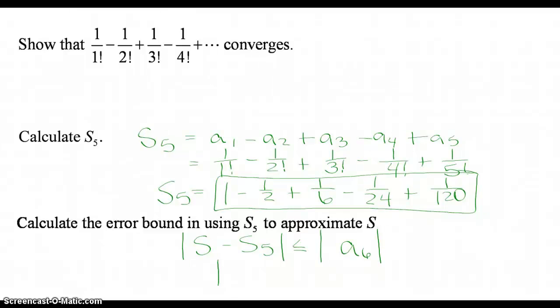So the error bound, and again, we don't care if it is an over approximation or an under approximation. It's actually a negative term, and it's 1 over 6 factorial. We usually don't bother to write that negative in there because we are just concerned with its absolute value, the magnitude of the difference between the fifth partial sum and the actual sum.